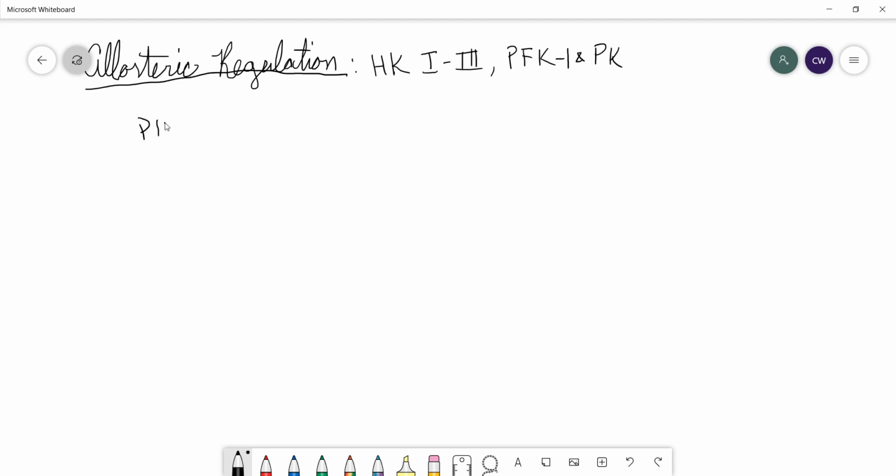For PK, and this also includes PFK2, high concentrations of AMP will function as an activator.